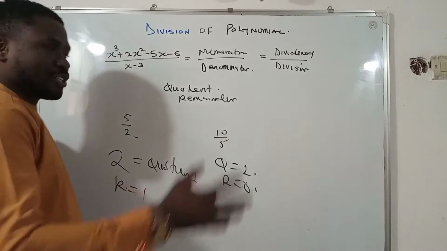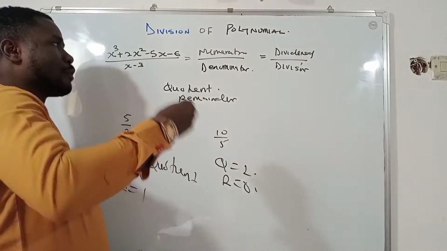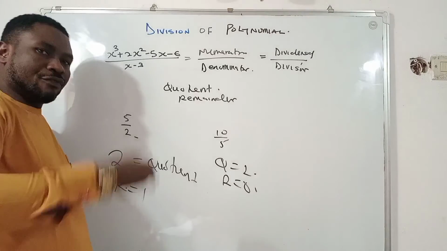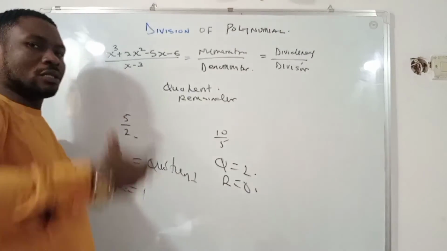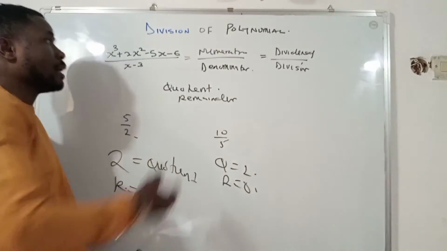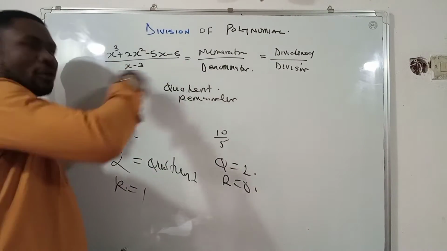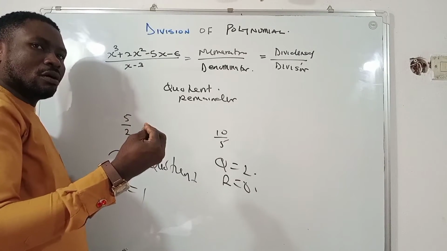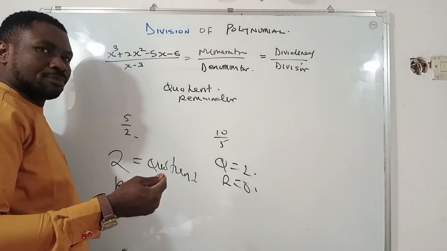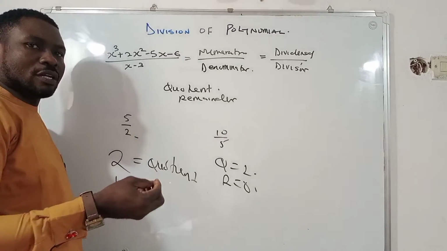So what I'm simply telling you is that when you have a polynomial that is to be divided by another polynomial, there are two polynomials. One is the numerator, the other is the denominator. The one that is the numerator is called the dividend.